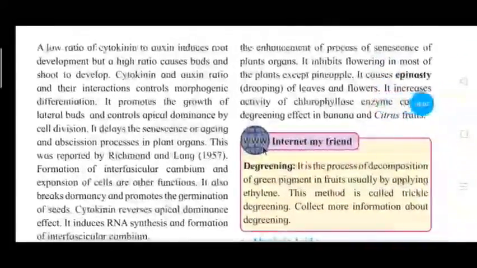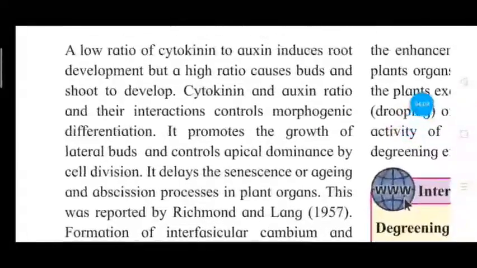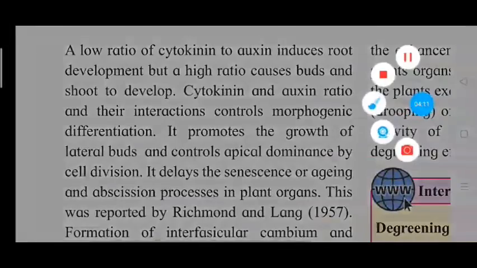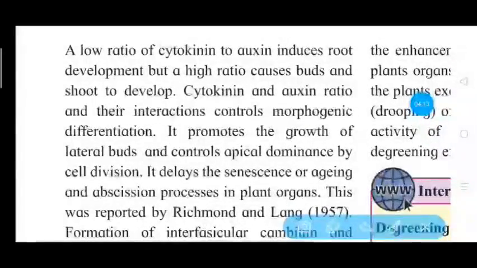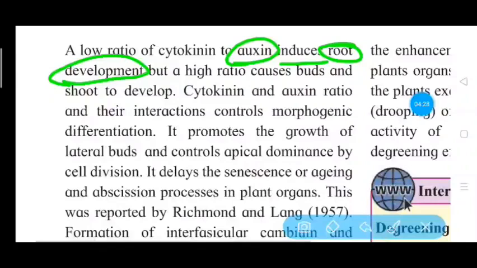If cytokinin is present at a low concentration, then it induces root development. But a high ratio causes bud and shoot development.